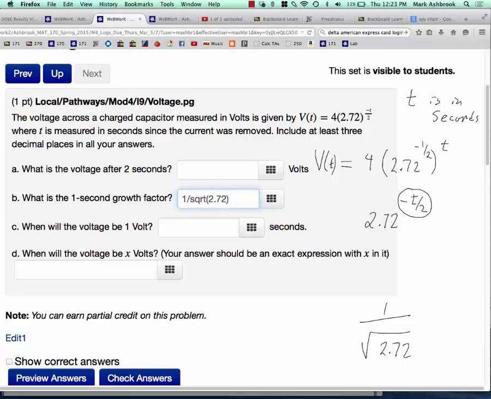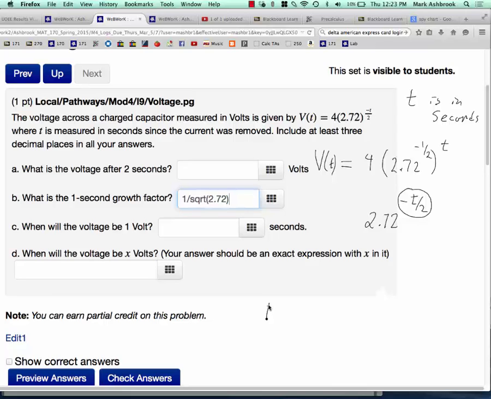All right, so then one more practice. When will the voltage be 1 volt? Output or input? 1 volt.